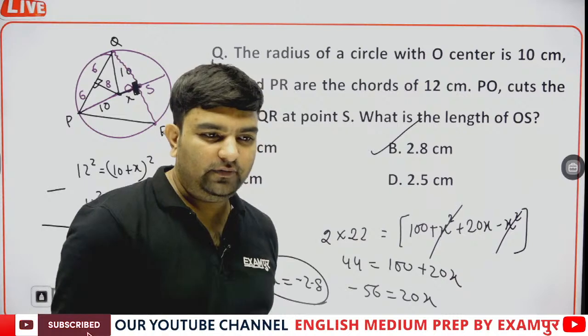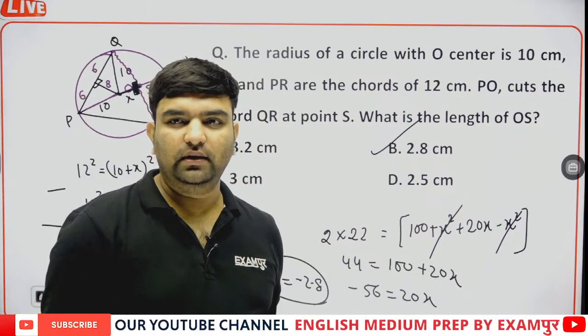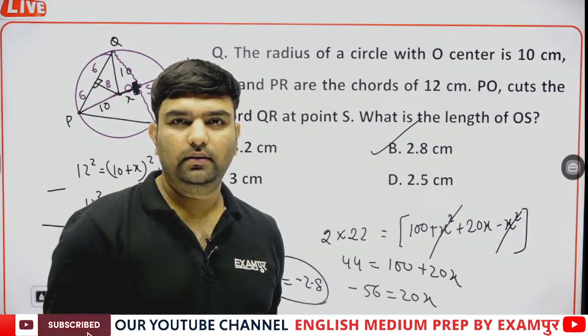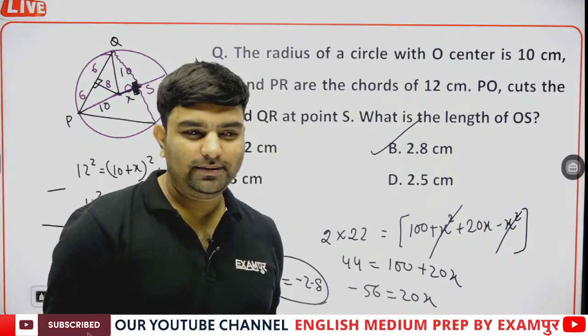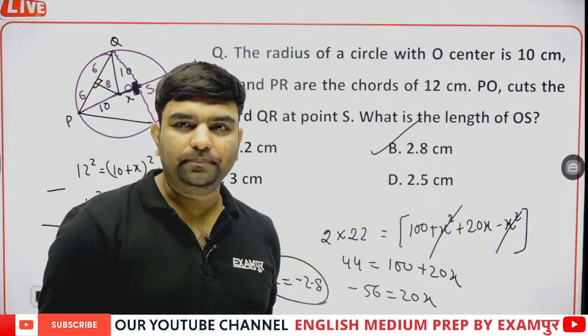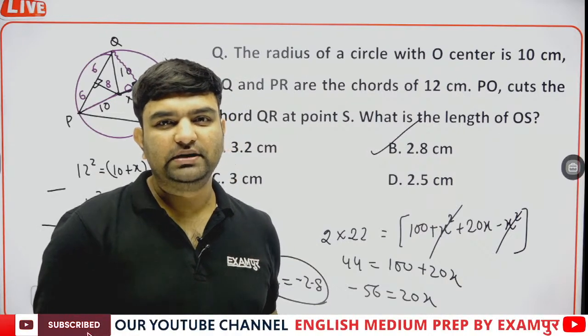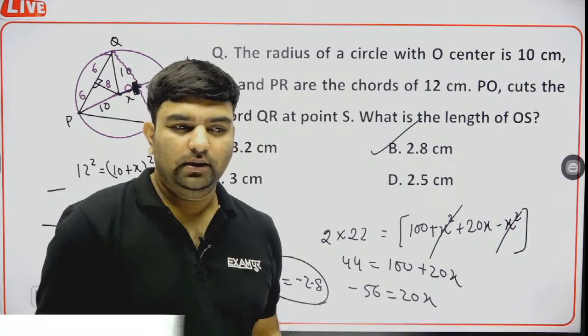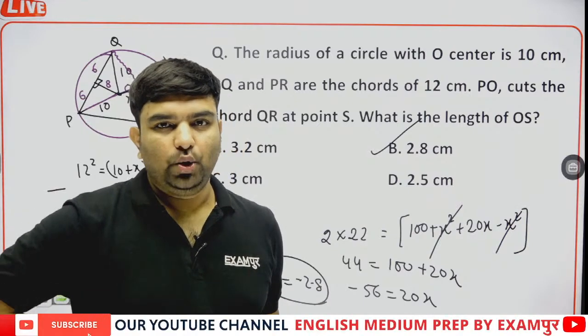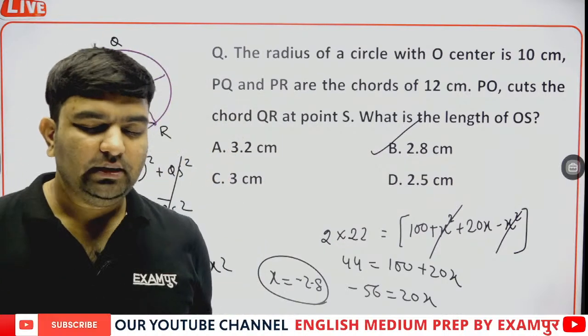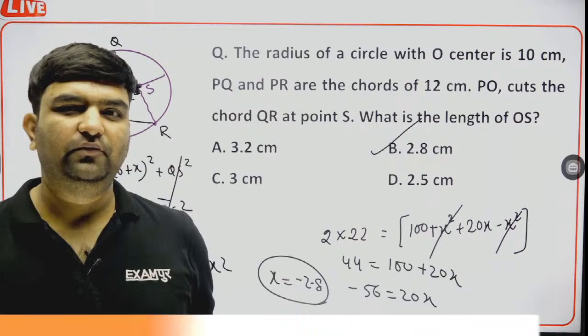This negative is only because of the diagram, but its numerical value is correct. Whenever it happens, if anything negative comes, this does not mean that your concept was not correct.